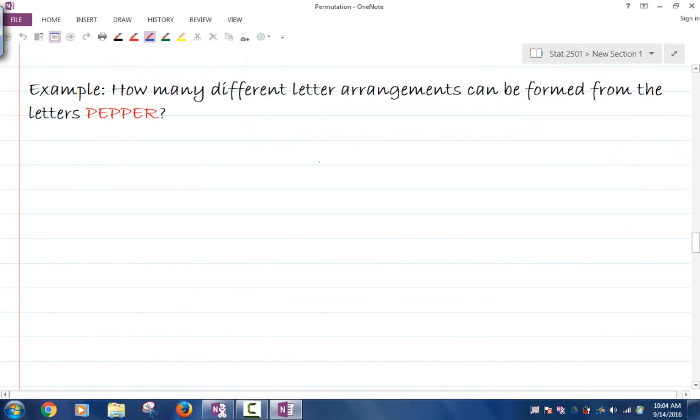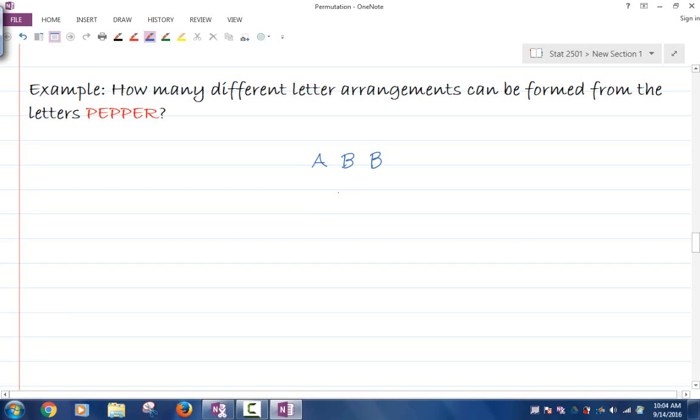Remember we were looking at the example of 3 objects, let's say A, B, and B. Now, assuming that these 3 objects are distinct, how many permutations do I have? 3 factorial permutations, right?